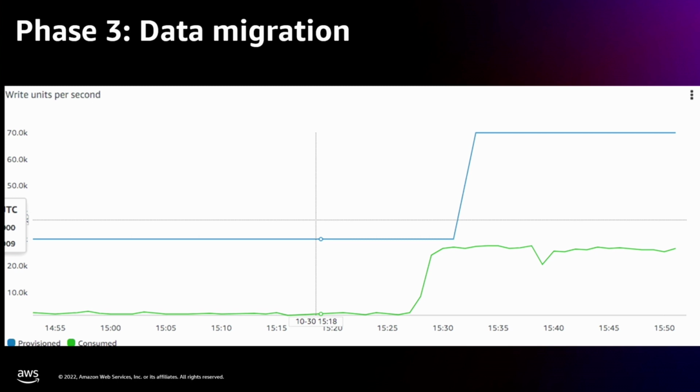Around 3:28 p.m., in this particular instance, the total write consumption starts to peak, and the provisioned capacity automatically scales up with just a few minutes of delay. So what this ensures is, if you have your auto-scaling configuration set right, your system can seamlessly scale without creating any kind of adverse impact for your customers or production workloads.